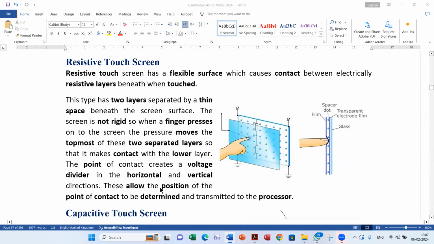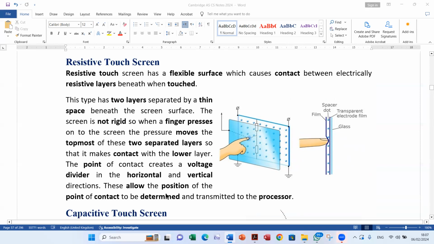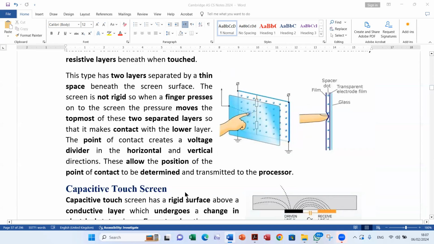So resistive touch screen has a flexible surface which causes contact between electrically resistive layers beneath when touched. This type has two layers separated by a thin space between the screen surfaces. The screen is not rigid, so when a finger presses on the screen, the pressure moves the topmost of these two separate layers, so it makes contact with the lower layer.